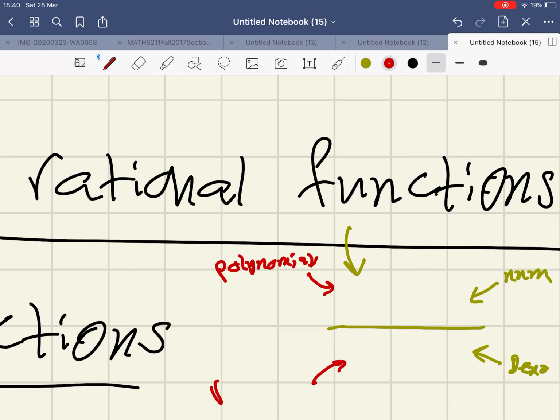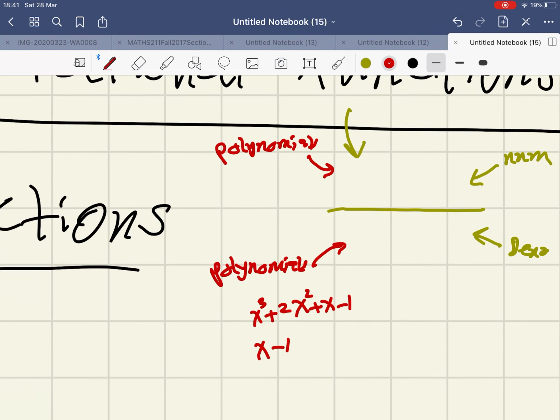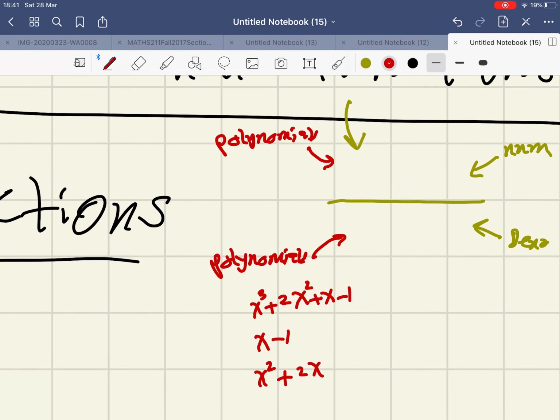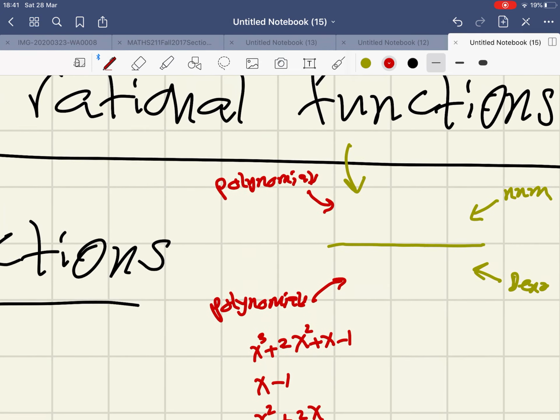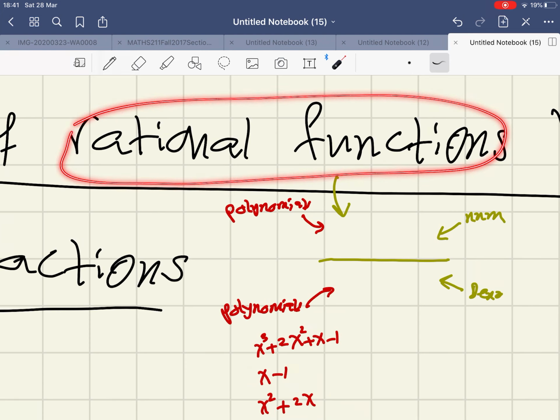I hope you remember polynomial functions, something like x cubed plus 2x squared plus x minus 1. It could be anything of this form, x minus 1, x squared plus 2x, and so on. So rational functions are a polynomial on the top and a polynomial on the bottom, numerator and denominator. Anything like this, we call a rational function.